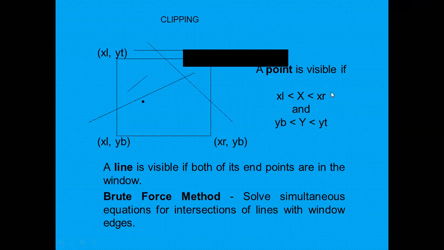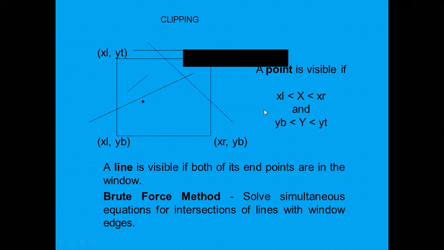We will check. So a point is visible if X is greater than XL, means X left. If the value of this coordinate X is greater than X left and less than X right, and again, Y is greater than Y bottom and less than Y top, it means the point is visible, because the point will lie inside the window.